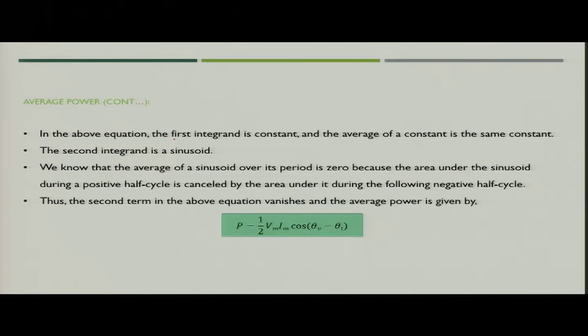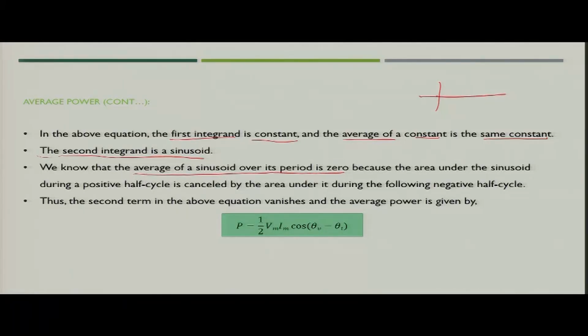How? Let us see the first term. First term is anyway constant. So, the average of a constant will always remain constant. So, this term will remain the same after integration, but the second term is a sinusoid, and as we know the average of a sinusoid over a time period is 0. How?